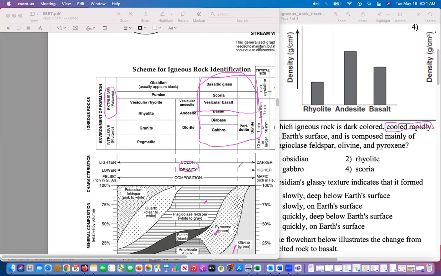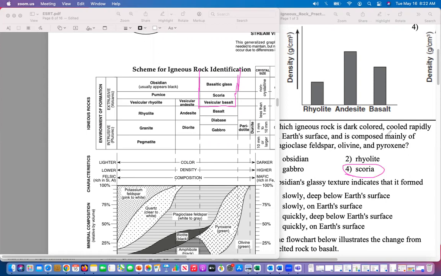So therefore, it has to be within this domain. So when I clear everything out, it has to be an extrusive rock. It has to be in this category, and it has to be dark. So therefore, my answers could be either basaltic glass, scoria, or vesicular basalt. And the correct answer is scoria.